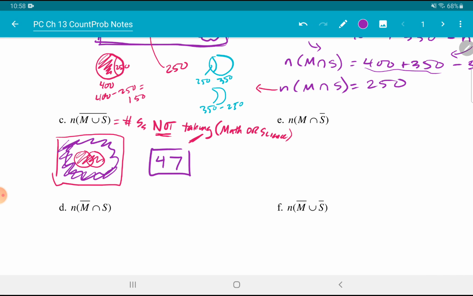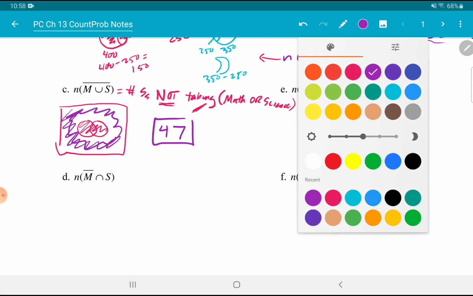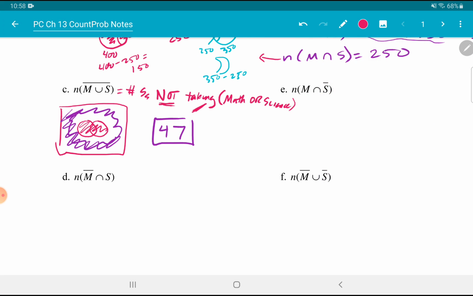Let's try another one. Let's do letter D. Number of students, again, and I want to phrase this in such a way that the way I say it verbally is going to be different from the way you just read it out. I just want you to be able to see what the emphasis is. What are you really looking for here? We're trying to find the number of students, and then what are we trying to find?